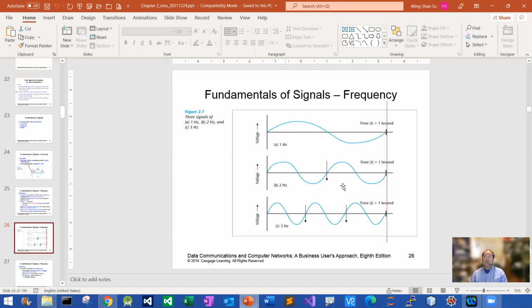For figure B, the sine wave completes 2 cycles, from here go up to here, and then one more time, so this is 2 hertz. Figure C has 3 hertz: 1 cycle, 2 cycles, 3 cycles. So the frequency is 3 hertz.